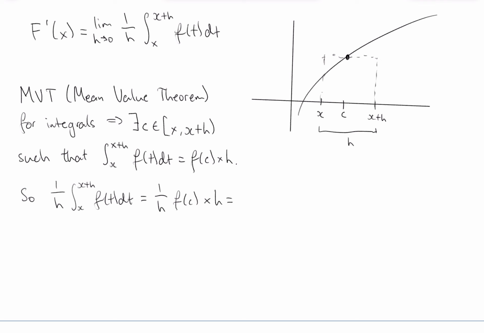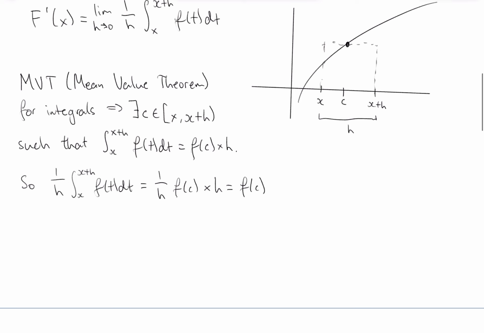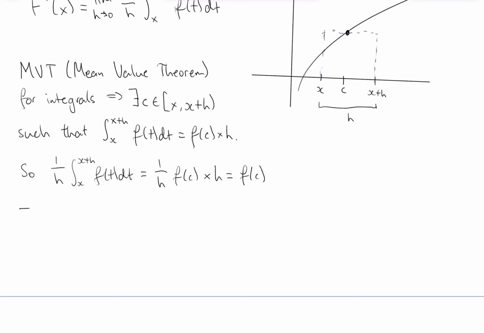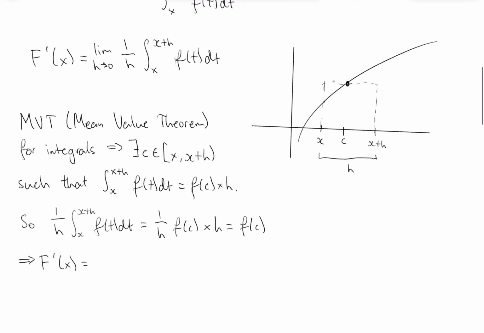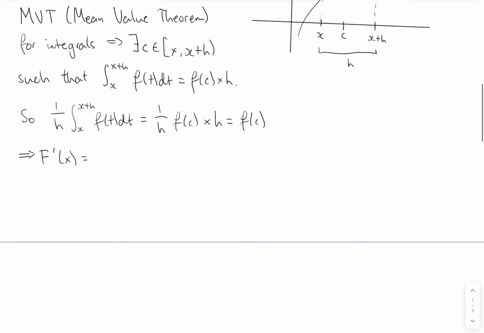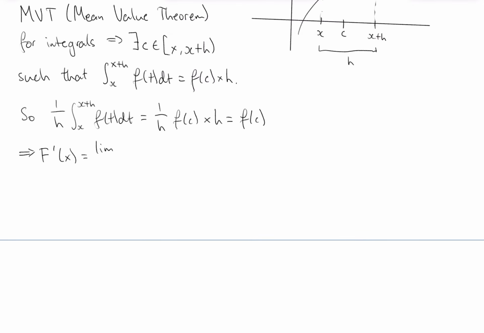And this just simplifies to f of c. So capital F dash x, we said from here, is the limit as h approaches 0 of just f of c.